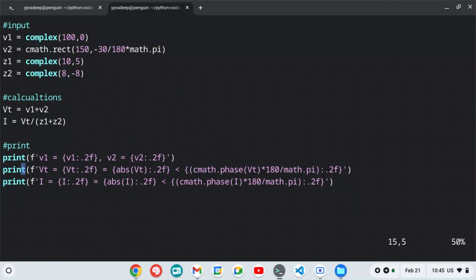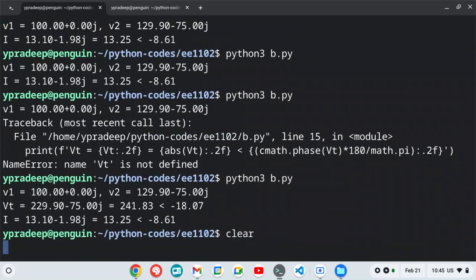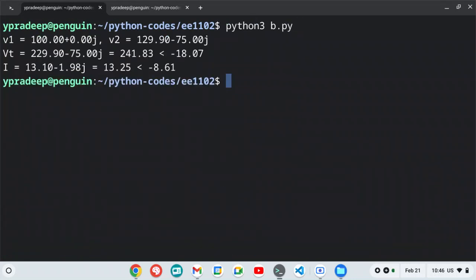So I use capital V everywhere. In the second line of the result, you find the total voltage. It happens to be 241 volts with an angle of minus 18 degrees. Okay. So that is the total voltage.